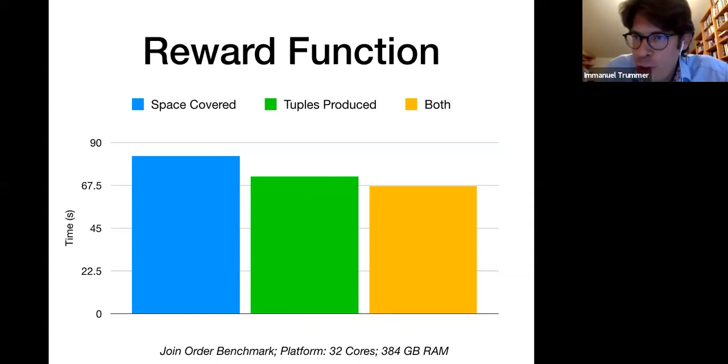The reward function also plays a role. I have introduced two metrics for reward, and using a combination of both of them, like the average of them, tends to provide the most stable results according to those numbers here.